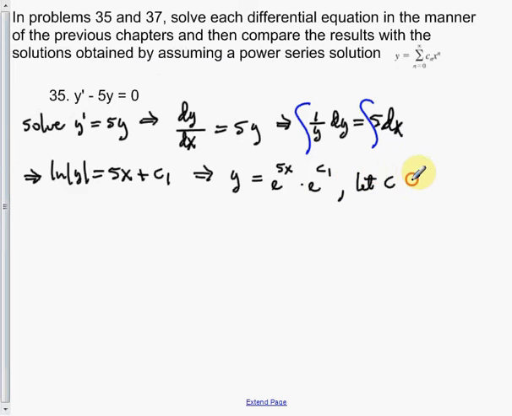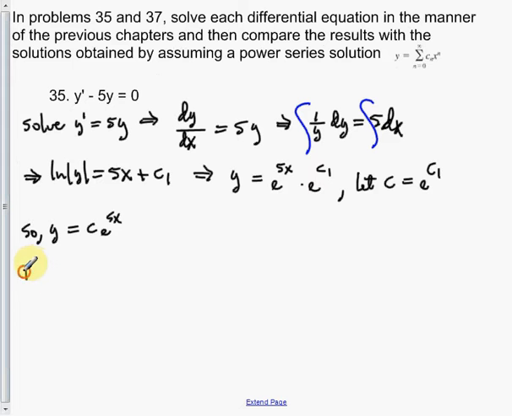We can let c equal to e to the c sub 1. So y is equal to some constant times e to the 5x.